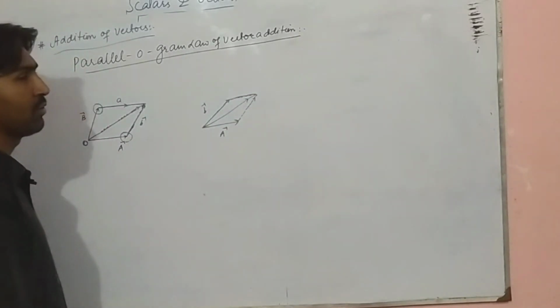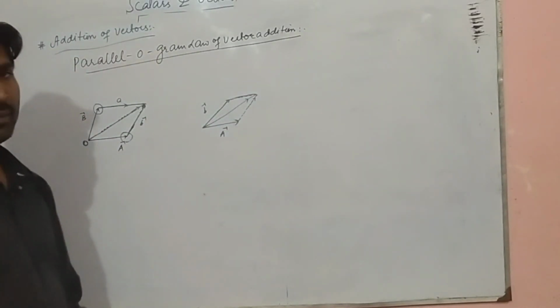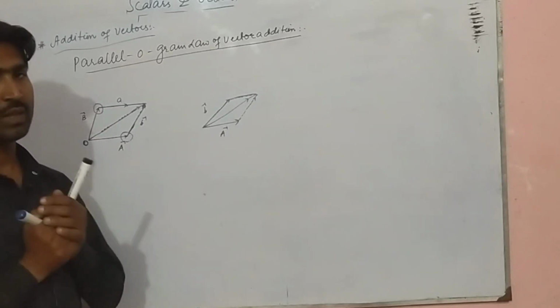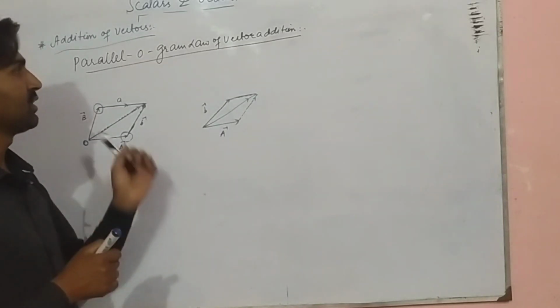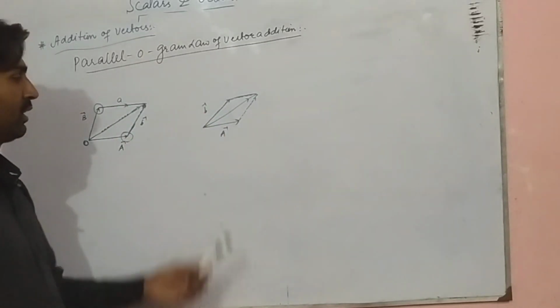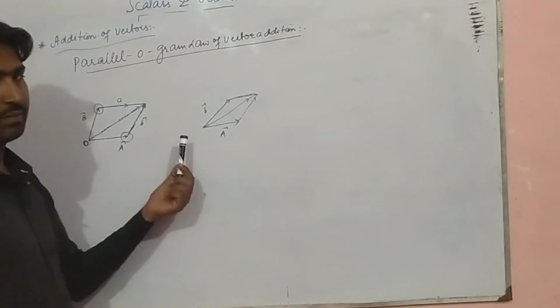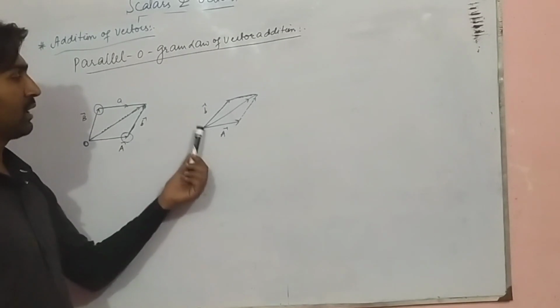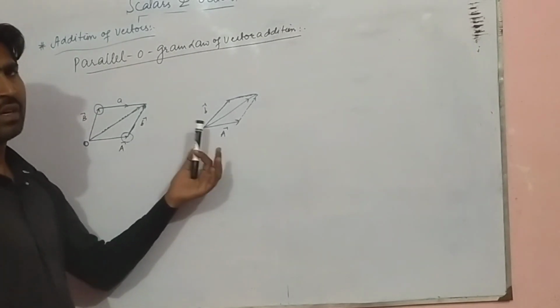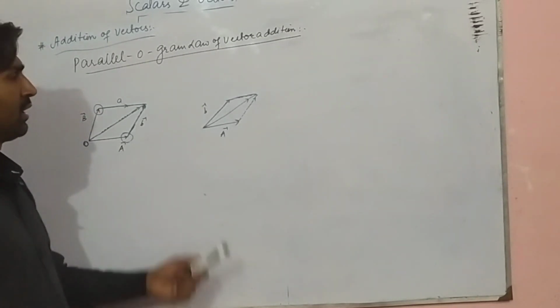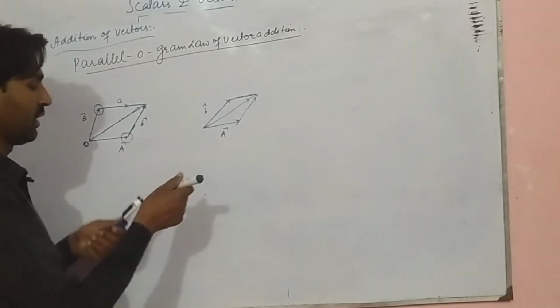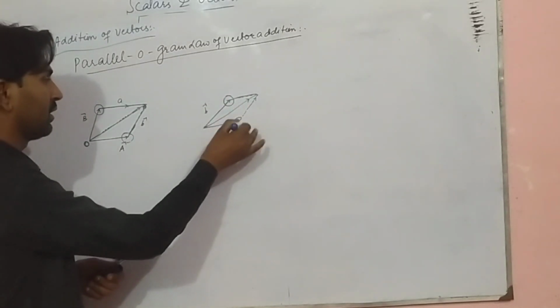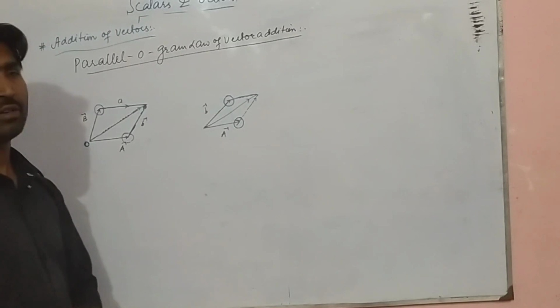If we are given two adjacent sides, we make the complete parallelogram. At the origin, the vectors must be added by the tail-to-tail rule, while at the other positions, the vectors are added by the head-to-tail rule.